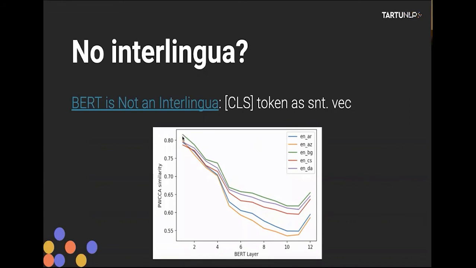The beginning layers, like layer 1, 2, and so on, have CLS tokens similar between languages, while the deeper we go, the further it falls, showing that the CLS tokens have separate spaces for different languages and don't actually align. The point is that they use the CLS token as sentence vectors, and a particular metric for the similarity, which was PWCCA.